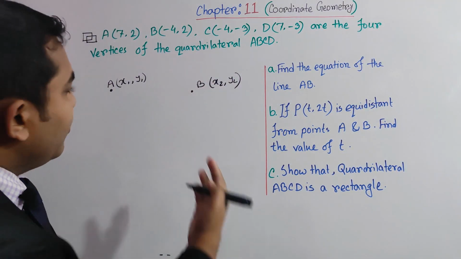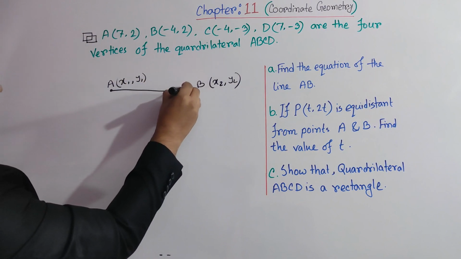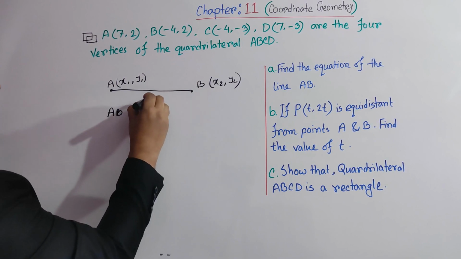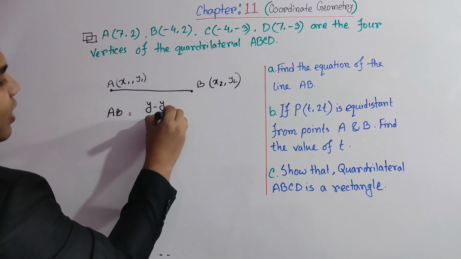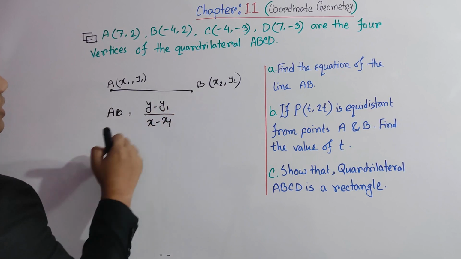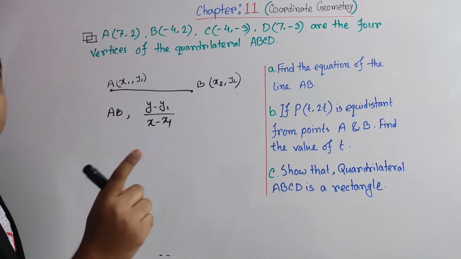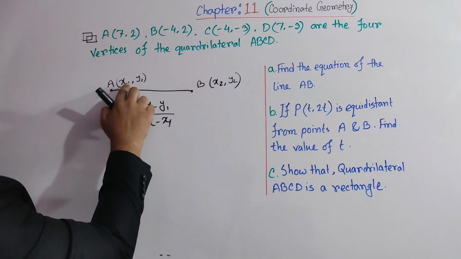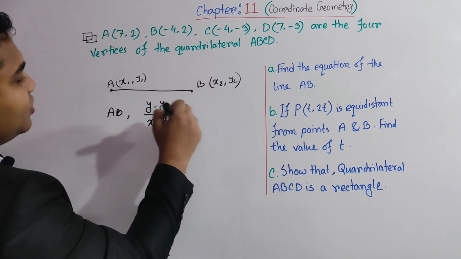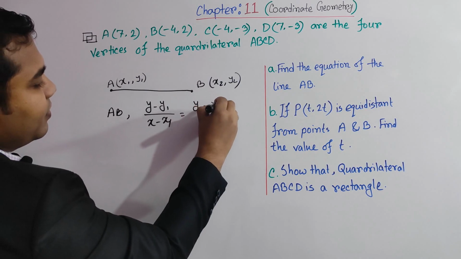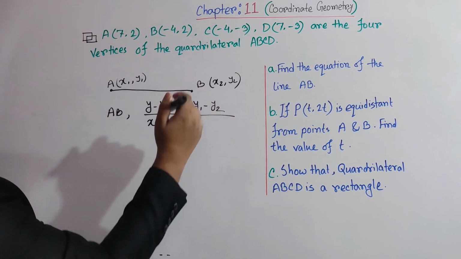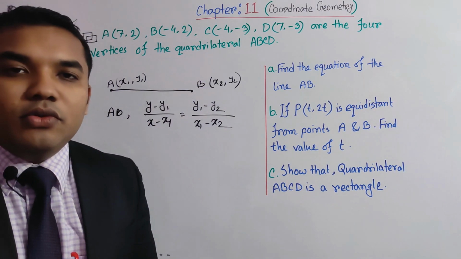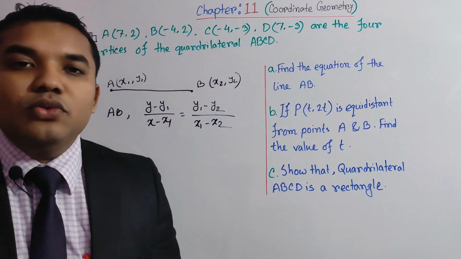Then the equation of AB should be (y minus y1) divided by (x minus x1), where x and y are the variables of that equation and x1, y1 are the coordinates, equals (y1 minus y2) divided by (x1 minus x2). This is the formula to find the equation from two points.